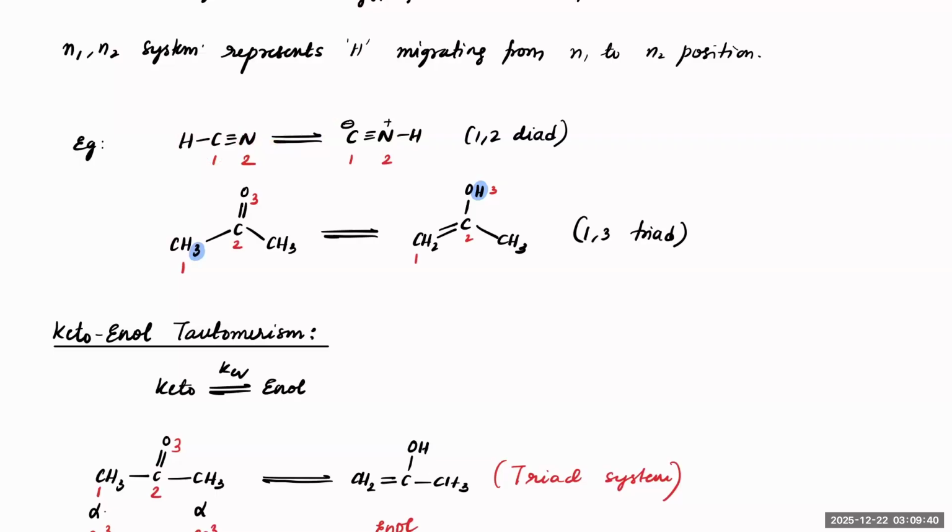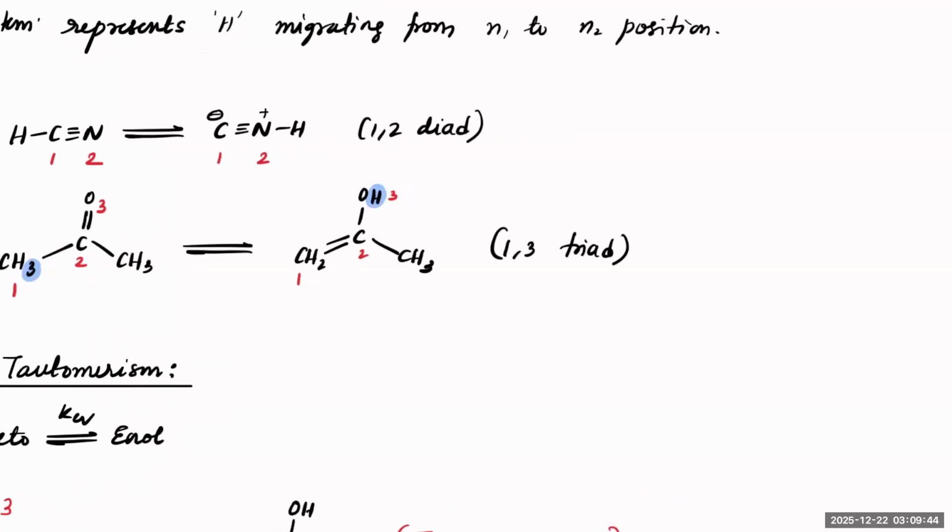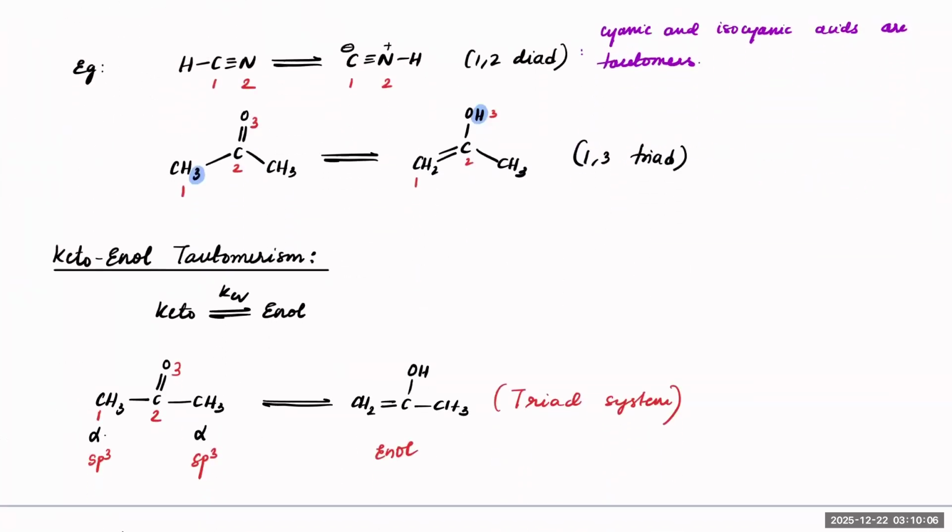So cyanic and isocyanic acids are tautomers of each other. Okay, let me put that in writing, everybody. So cyanic and isocyanic acids are tautomers and showcase the phenomenon of tautomerism.